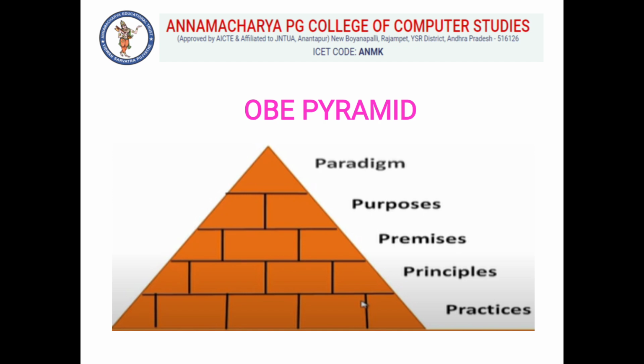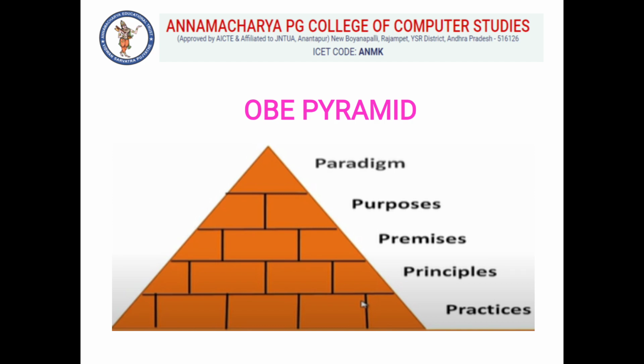And this is a model of representation of outcome based education. It is a pyramid. In the first layer it has some practices. The student has to practice some basic knowledge oriented methodologies. Next, the faculty designs some principles of that particular lesson that should be decided.